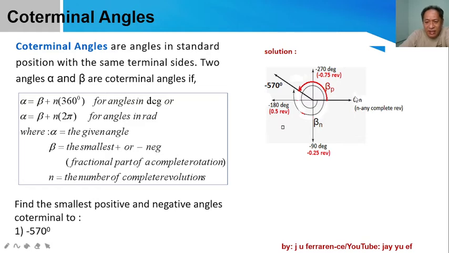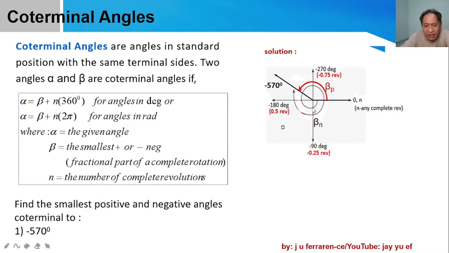Now, you notice here that we have values like 0 and n. 0 is for 0 rotation. n represents any complete rotation like 1, 2, 3, or any value representing a complete rotation. Now, if we take a clockwise rotation, this is a quarter of a rotation, so 0.25 revolution right here.